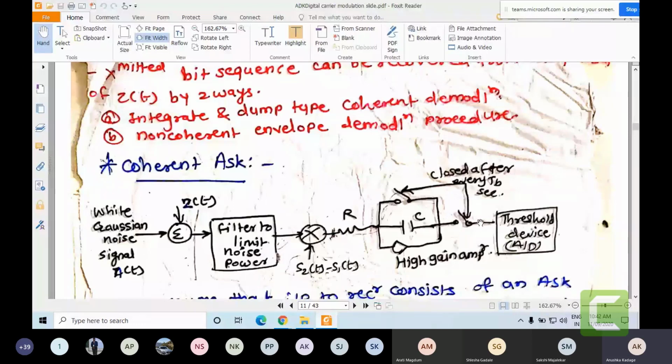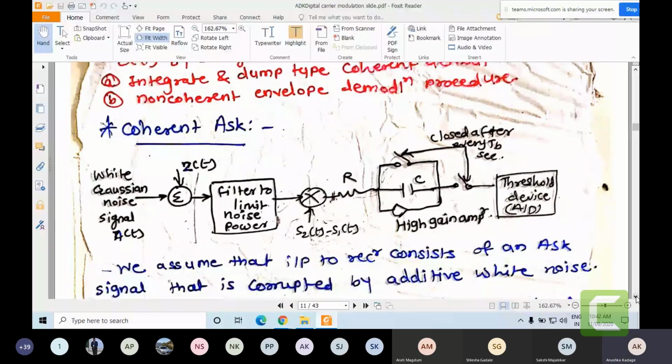Now we will start with the modeling of this coherent ASK demodulation operation. To start with the receiver operation, we have to see from the channel. On the channel, we are putting the transmitted signal ZT.